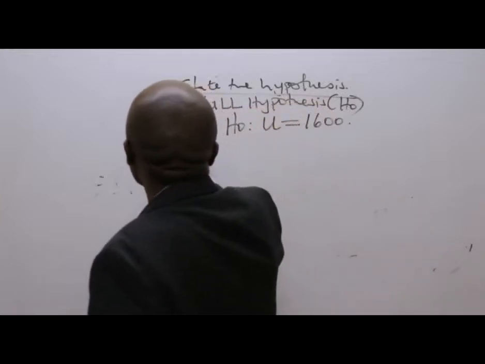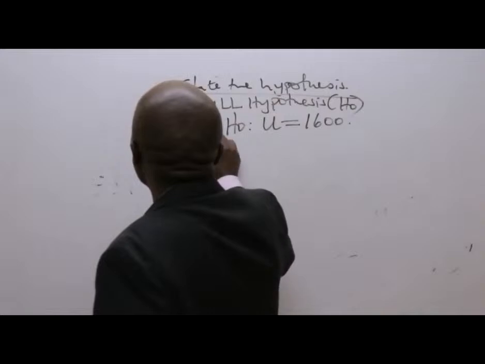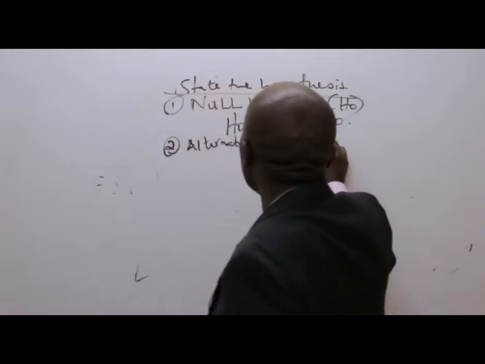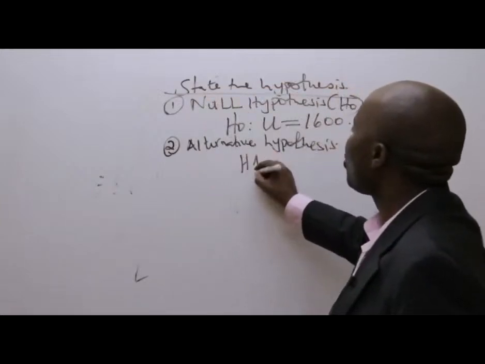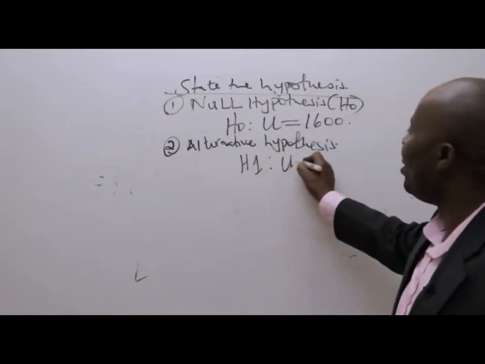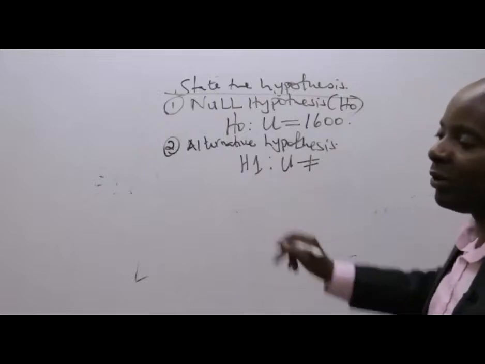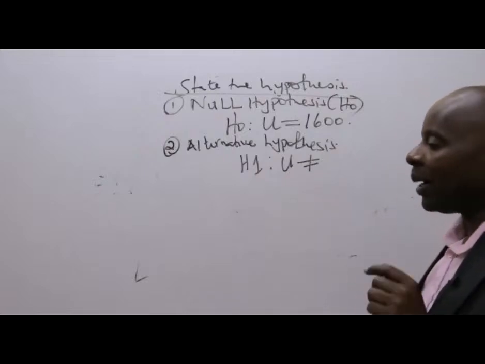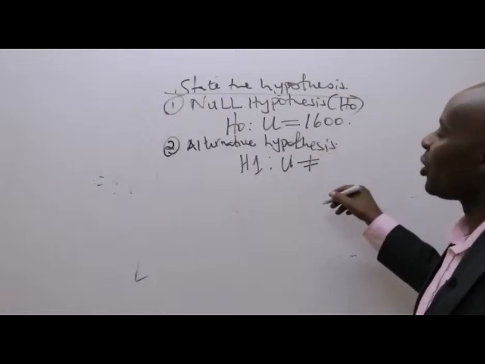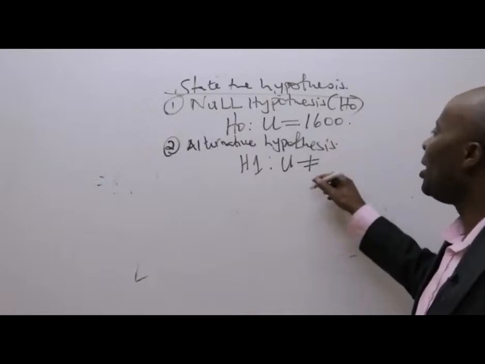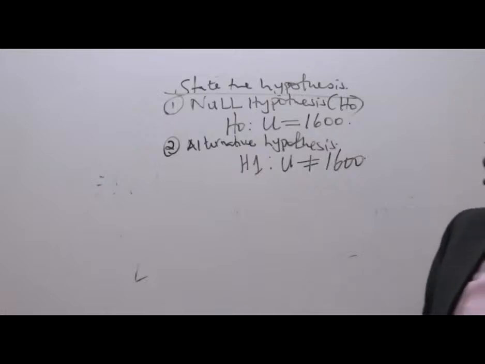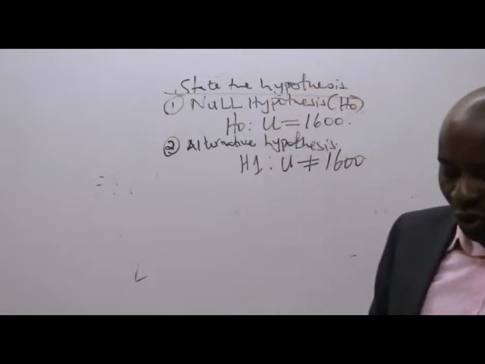So we have what we call the alternative hypothesis, which we shall be denoting as H1. U stands for the mean. Our lifetime here could be either more or less than 1600, so our population mean is not equal to 1600.